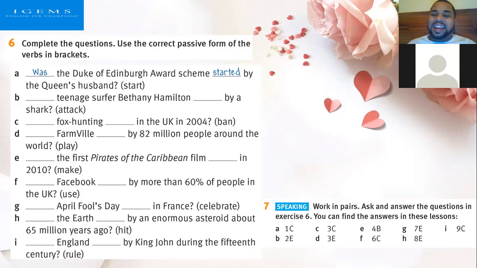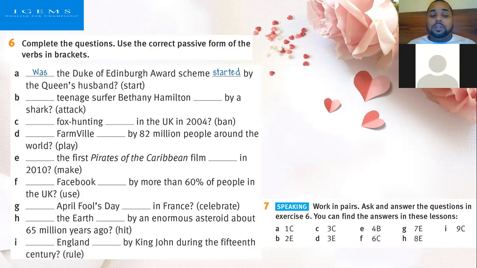You have was at the beginning, which is the verb to be in the past, and then you have started, which in this particular case is a past participle. All right. So you're going to do exercise B and the rest, of course.